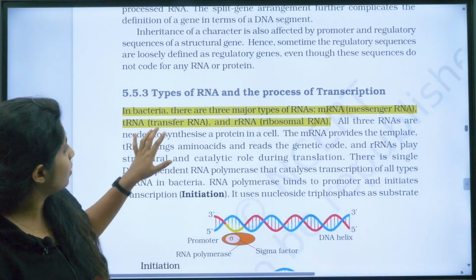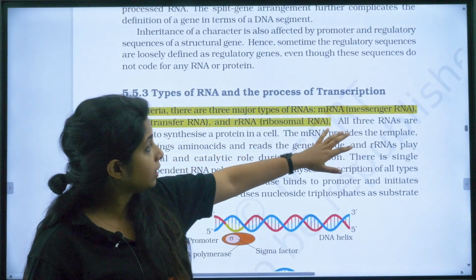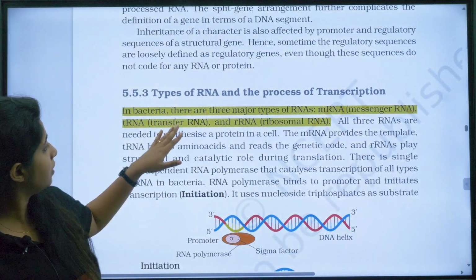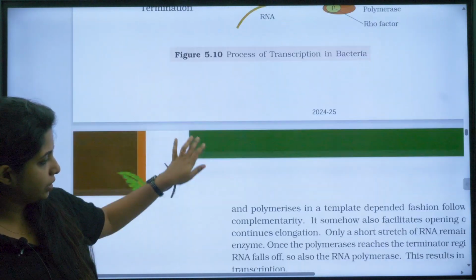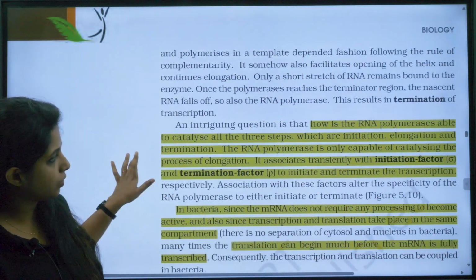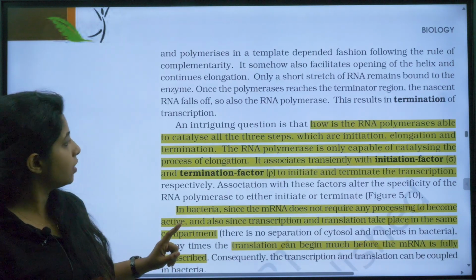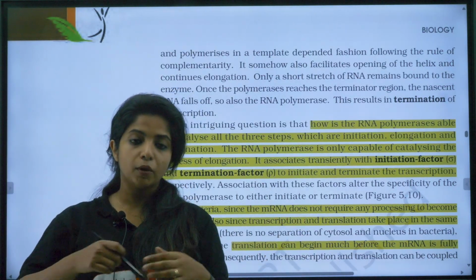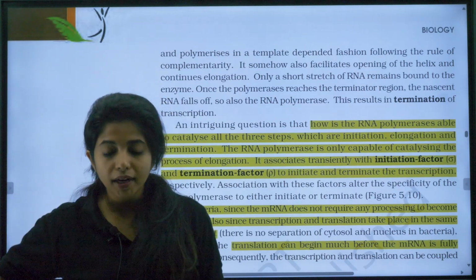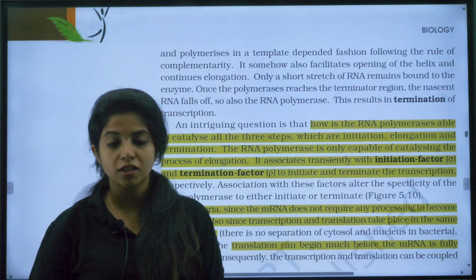Please remember it. Now, in bacteria, there are three major types of RNA: messenger RNA, tRNA, rRNA, very much important. Over here, something more important is coming. How is RNA polymerase able to catalyze the three steps? RNA polymerase should be initiating, elongating, and terminating the process of transcription, right?